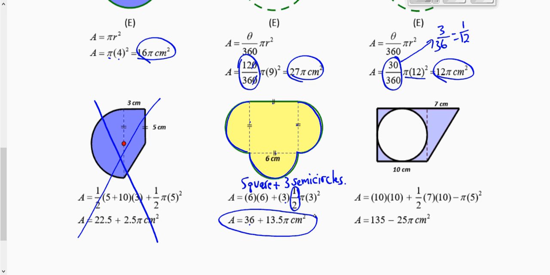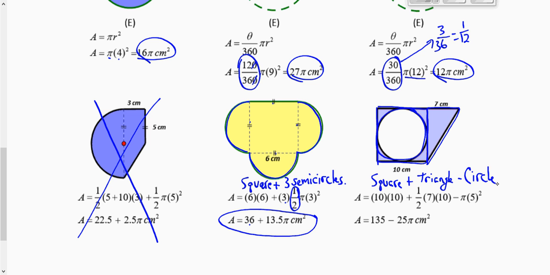And the last one here, we have what appears to be a square, okay, a triangle, and from that we have a circular hole, okay? So the total area would be the area of the square, that's easy, 10 times 10 or 10 squared, plus the area of the triangle, okay, minus the area of that circle.